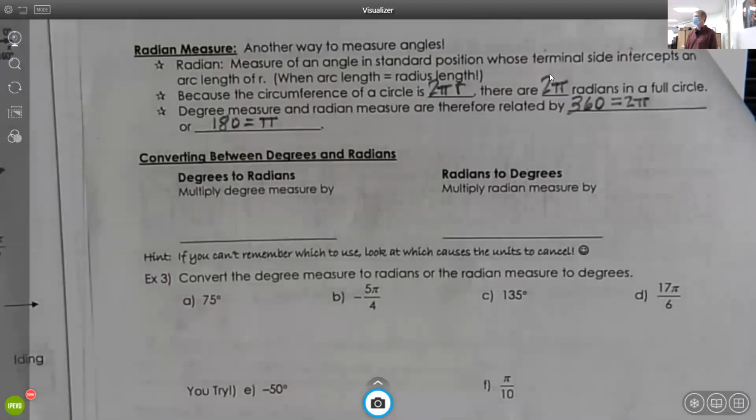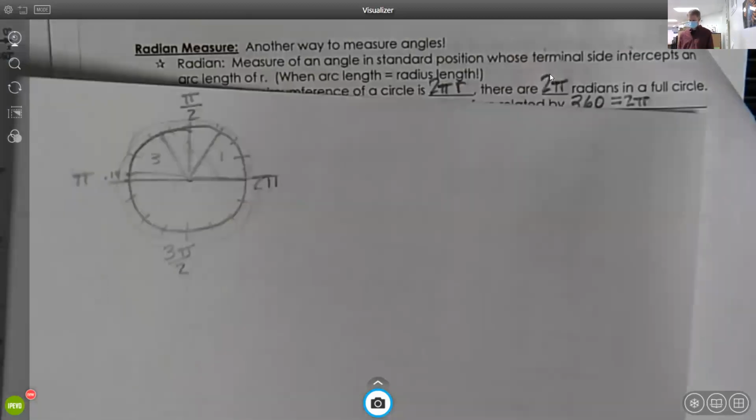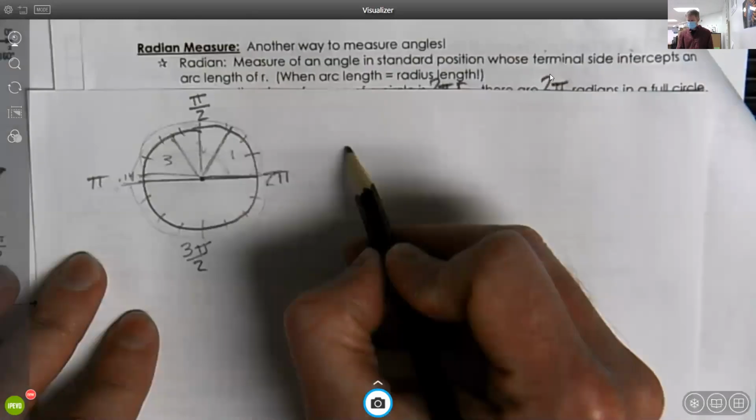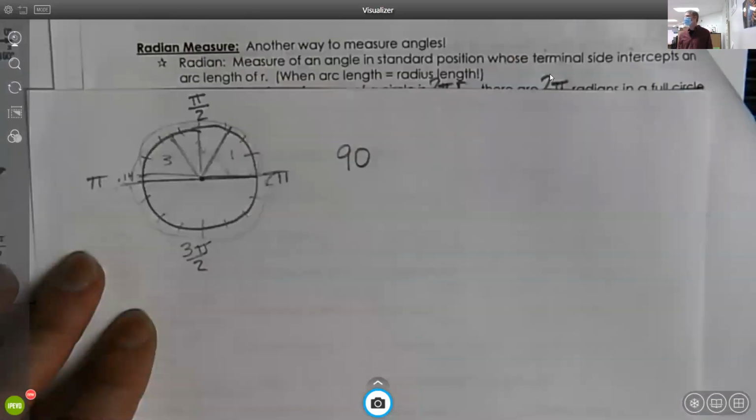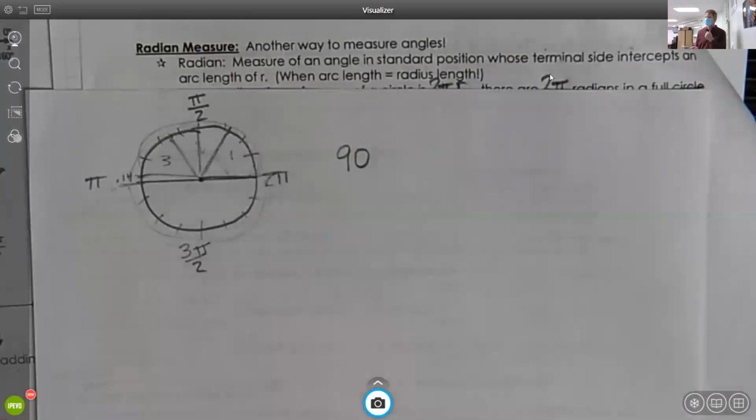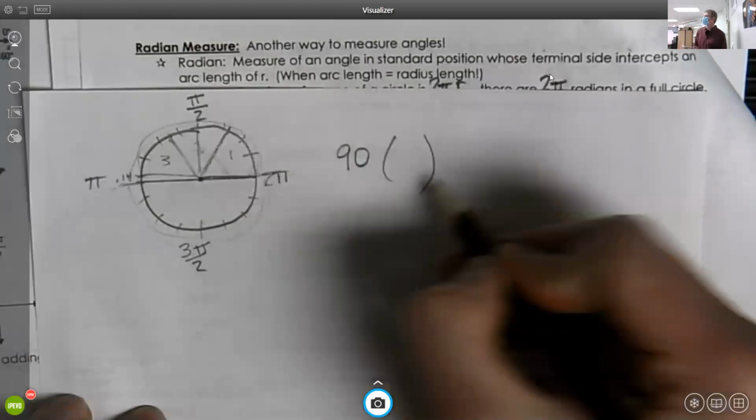Those are equivalent to each other. So to convert degrees to radian, if we have a degree value, 90, and we're going to convert this over, when we do a conversion, we look at a ratio, and that ratio has to be a value of 1.